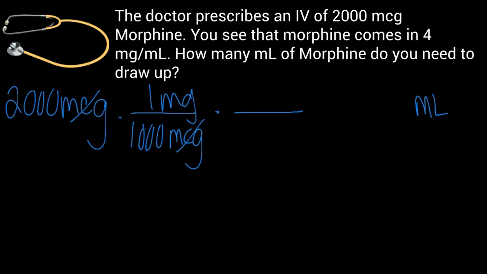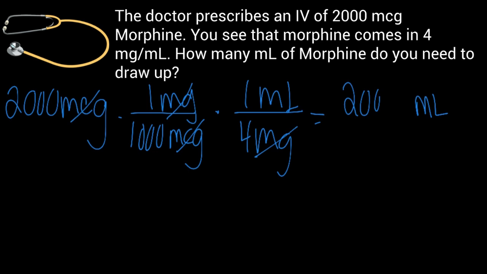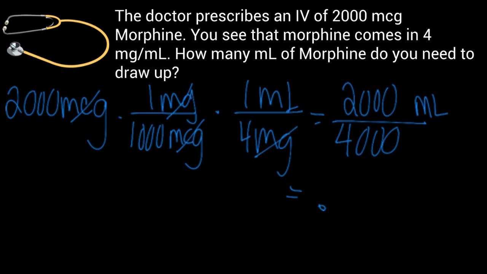Multiply that by, from the problem, 4 milligrams in 1 milliliter. Cross cancel again. So 2,000 milliliters over 4,000. And then if I reduce, I get 0.5 milliliters.